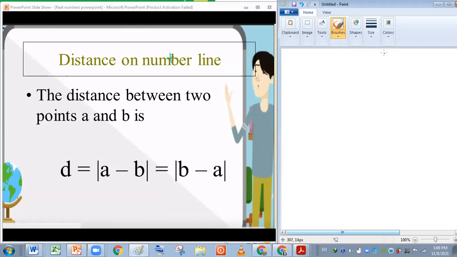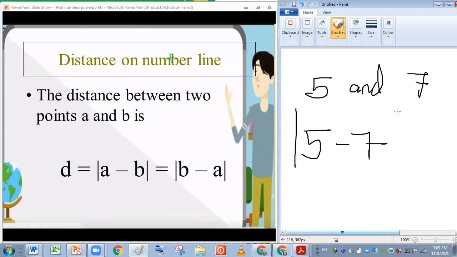For example, let's say I have 5 and 7. You just have to do 5 minus 7 and get the absolute value of that, or you can have 7 minus 5.